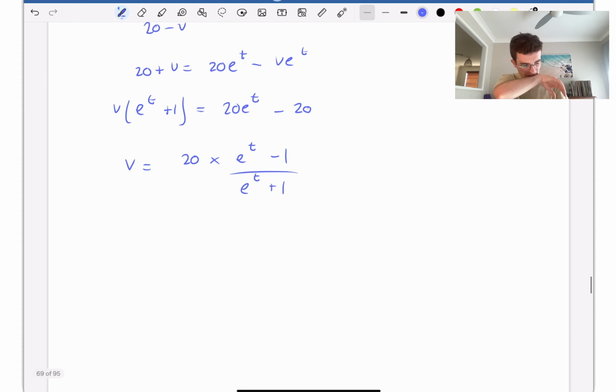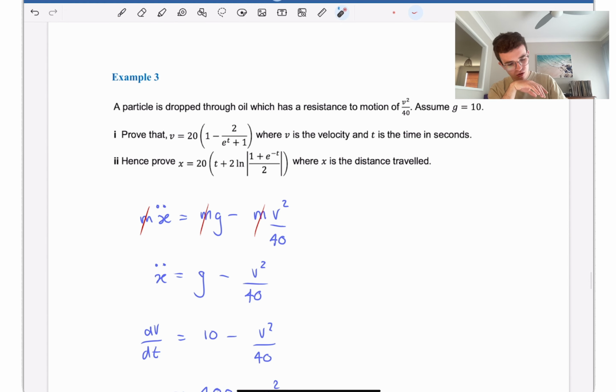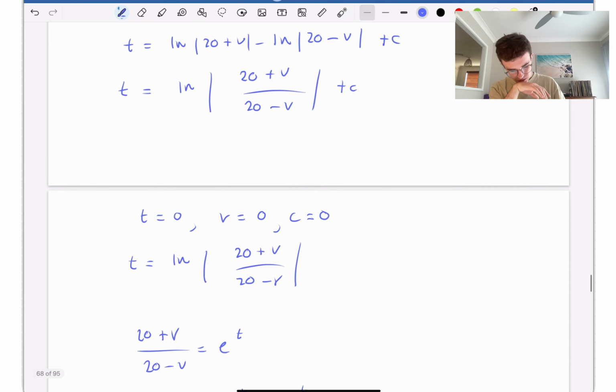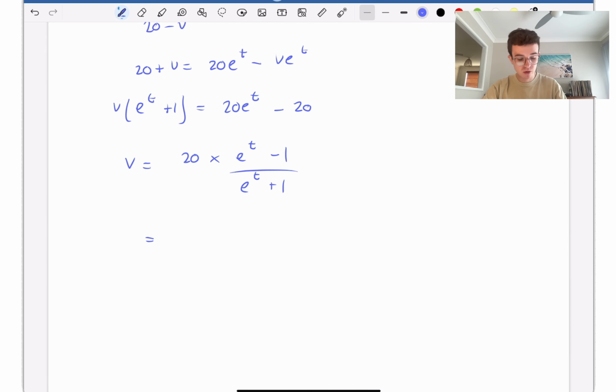Now we're thinking part 2 of the question, we are going to have to integrate again, but this is not quite what we were after. So the trick with this, and it's a strange trick, but it's the only way that we can integrate this function, is by doing this. So e to the t, we're going to have to plus 1, but then we're going to have to minus 2.